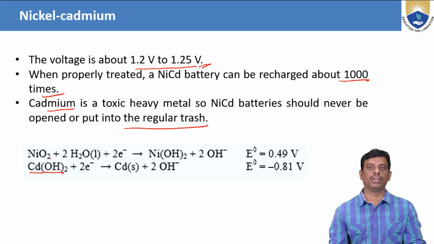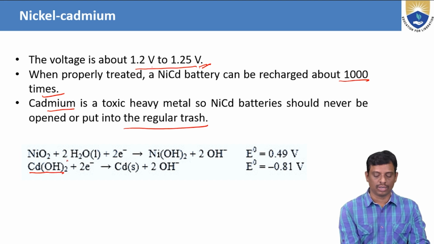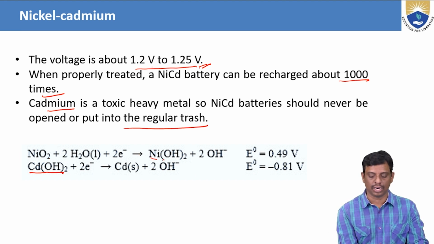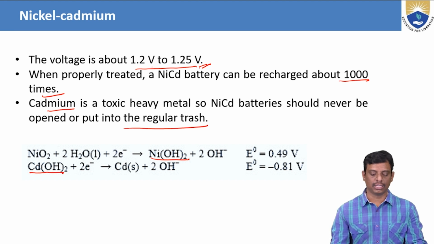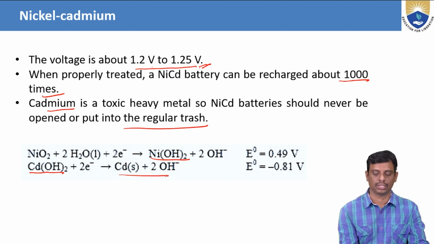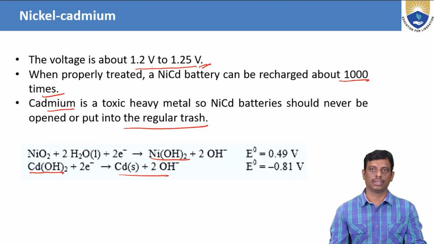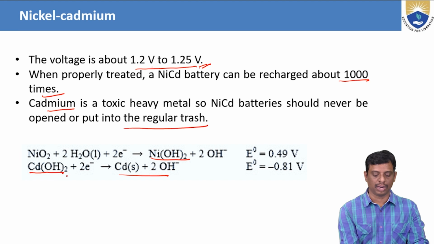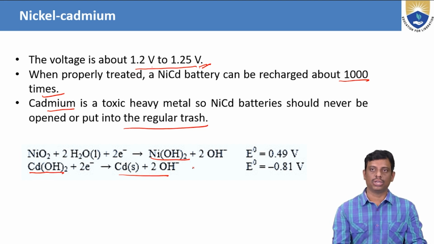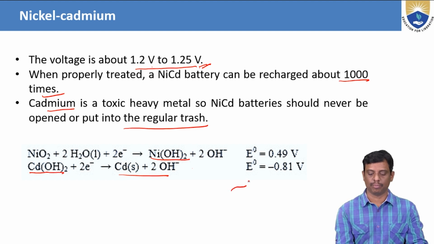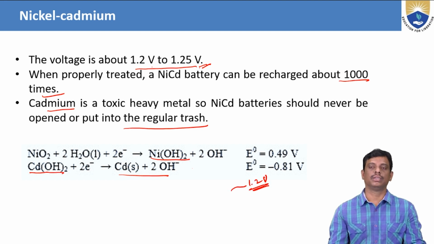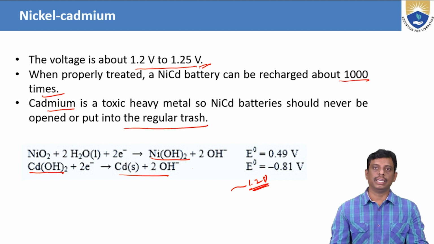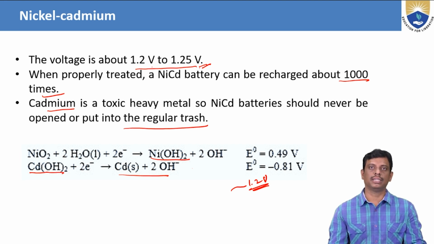The nickel oxide gains the electrons and is converted to nickel hydroxide, and cadmium releases the electrons, forming cadmium hydroxide. The overall potential difference is usually 1.2 volts. So within that potential range, the nickel cadmium battery can generate the potential.